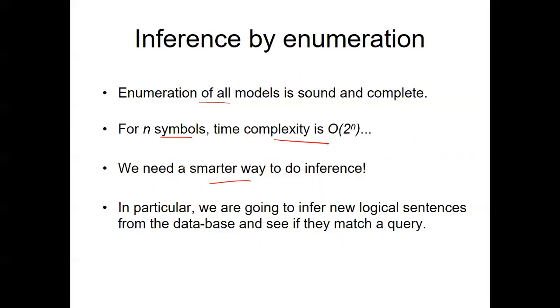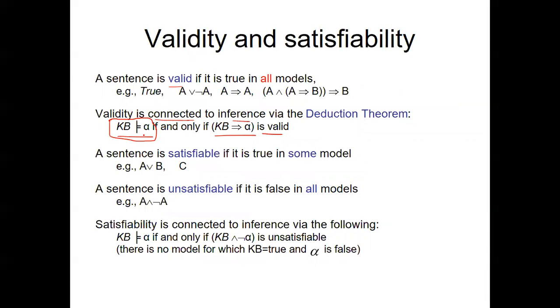So what this statement says is that KB entails alpha if and only if KB implies alpha is valid. It means that wherever KB is true, alpha should be true. That is what implication talks about, right?